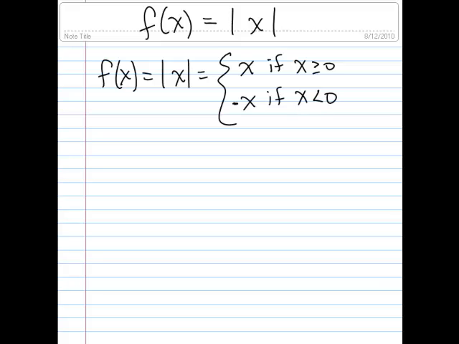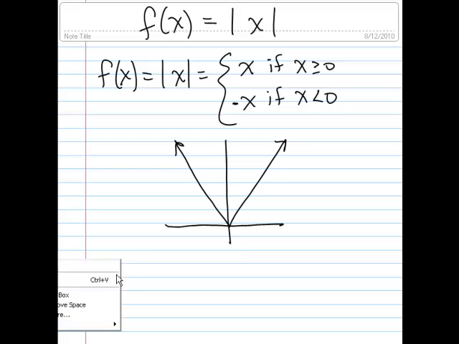So we can graph these. We should easily be able to graph the function f of x equals x and f of x equals negative x. So it's f of x equals x if x is bigger than or equal to 0. So f of x equals x is that, and f of x equals negative x for x less than 0. So that is that. So it looks from our graph here that we have an even function.